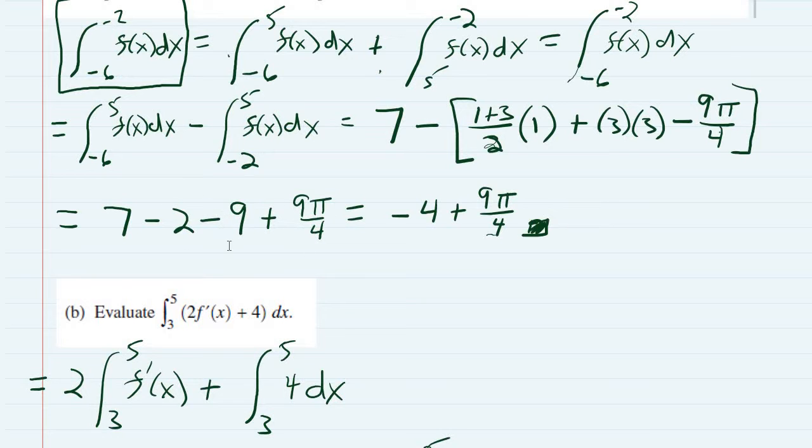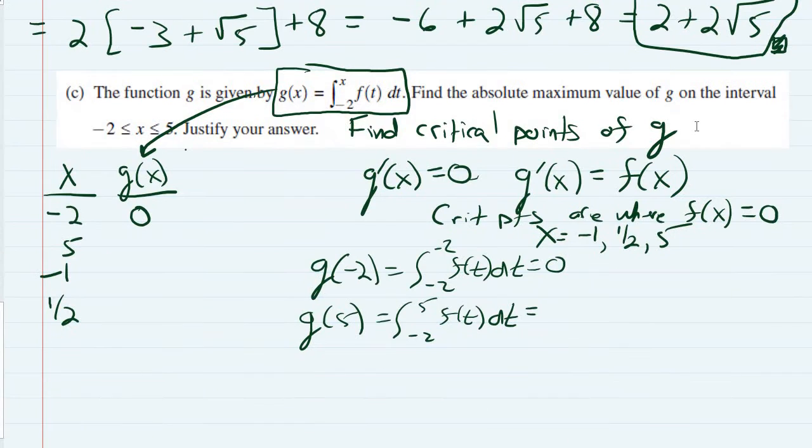So it is going to be 2 plus 9 minus 9 pi over 4. So that's 11 minus 9 pi over 4. So again, if you're not sure about that, you can go back and take a look at that. But this is just finding all of the areas from -2 to 5. So this is 11 minus 9 pi over 4.